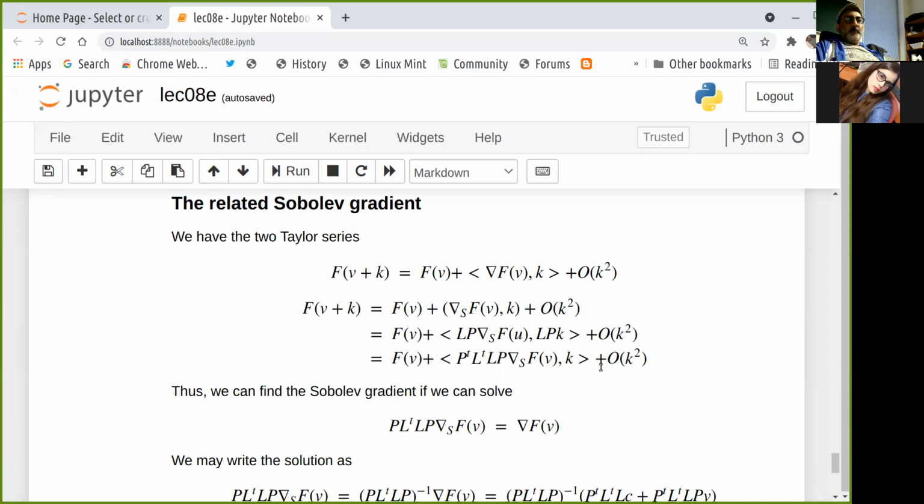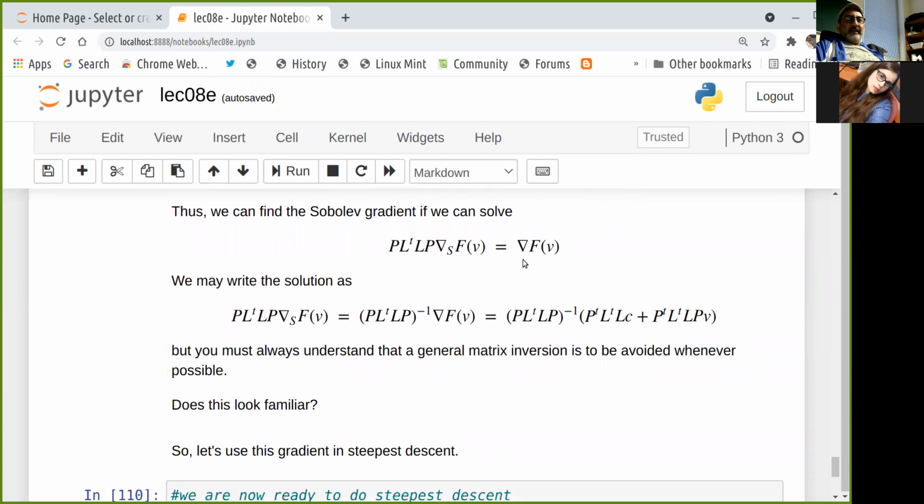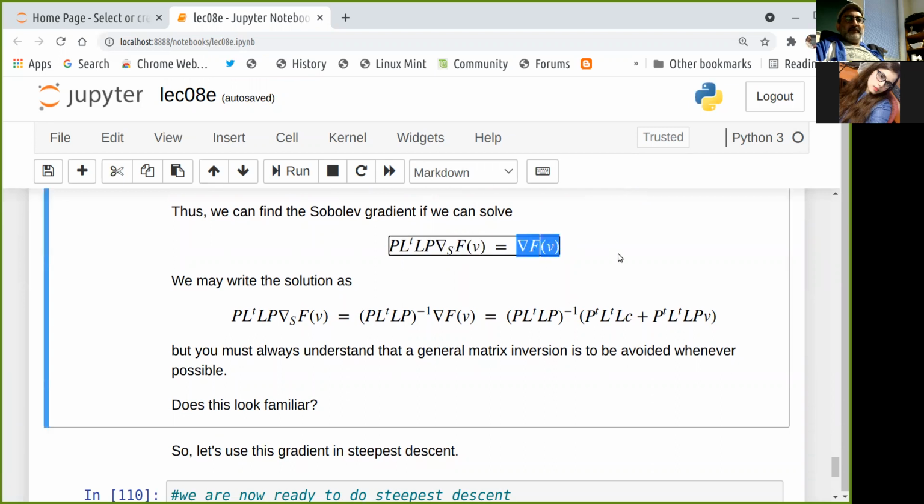So now, here is the new gradient in this new inner product space. And this is the new gradient. And this is the old gradient that we calculated before. So the relationship between the two of them is given by this equation.